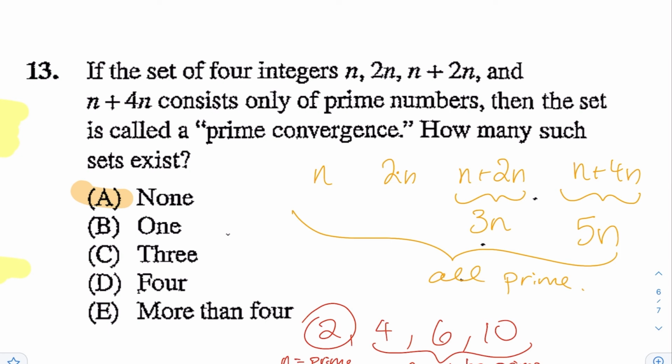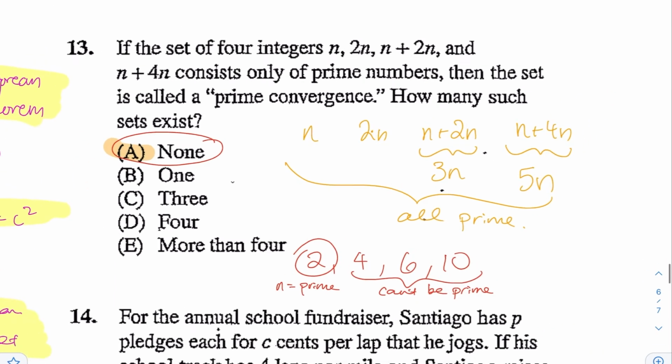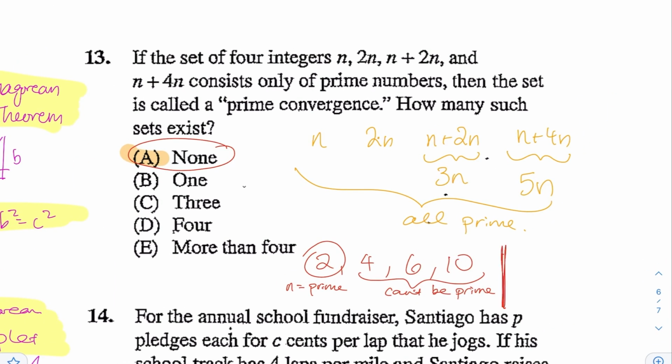So the answer is going to be choice A. No other number can work. If you try a number where n is another prime number, let's say n is equal to 3, then you get 3, 6, 9, and 15. Everything after that won't be prime because they have additional factors.